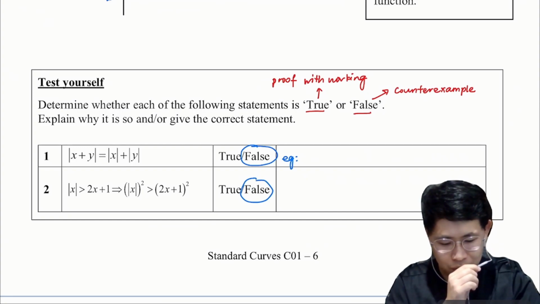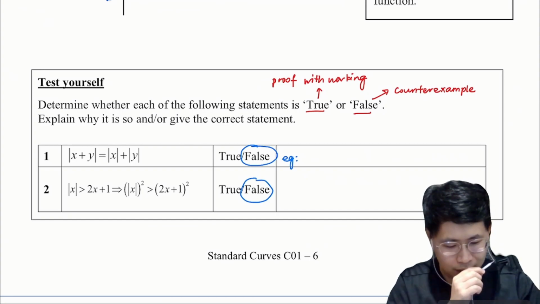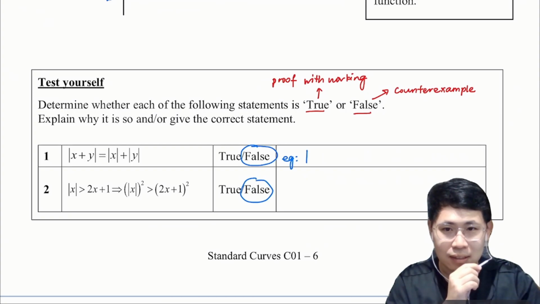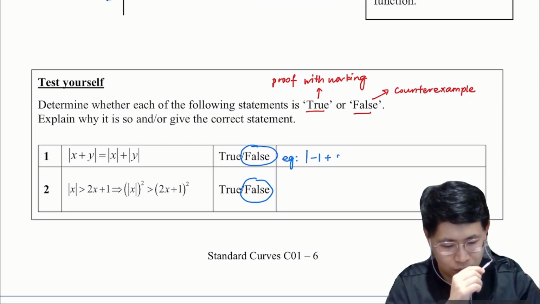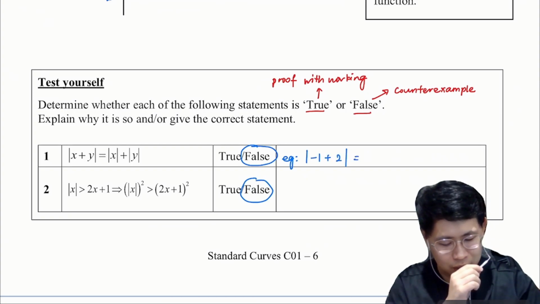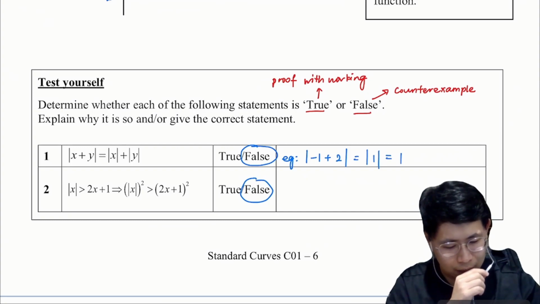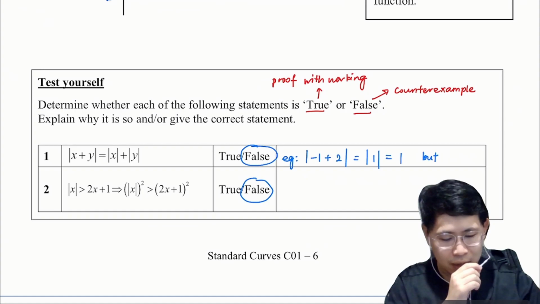Let's choose two numbers: x is negative 1 and y is 2. For the left hand side, when you add together, this is modulus 1, and modulus 1 is equal to 1.